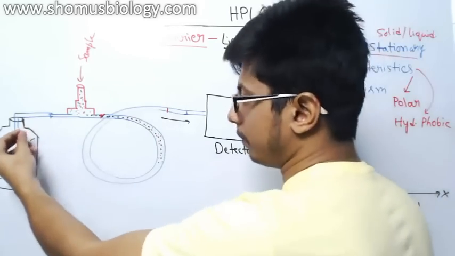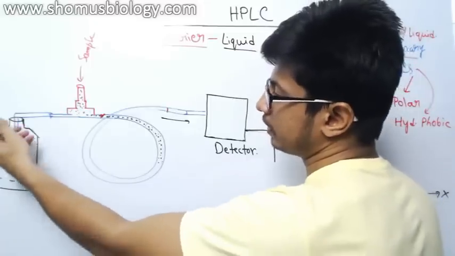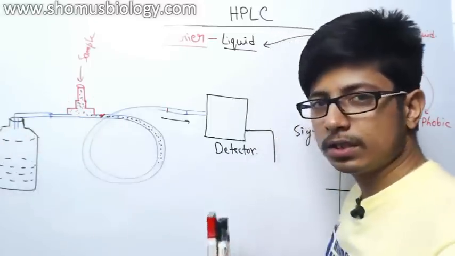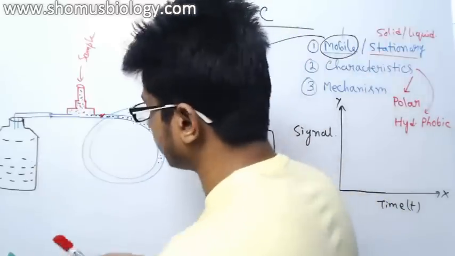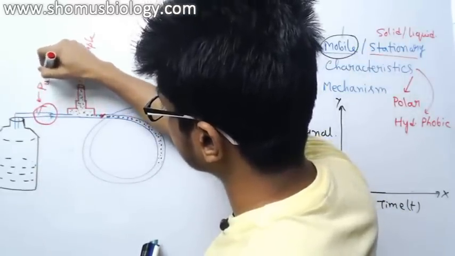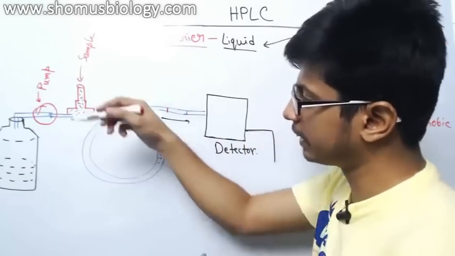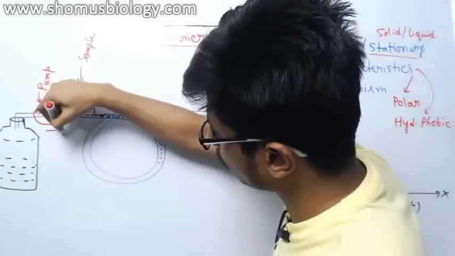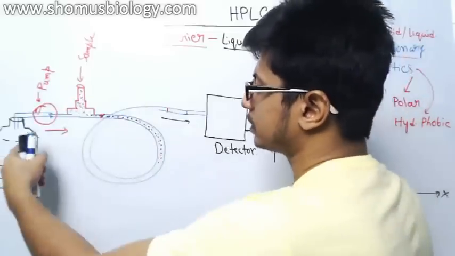We need some sort of pump to drive this solvent from the chamber to the tube. So we place a pump here in the middle, which will help the flow start from the chamber to the tube.